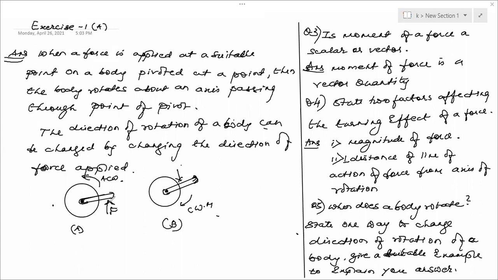When a force is applied on an axle, it brings out an anti-clockwise movement. Now when the force is applied on the same axle in the opposite direction, it will bring out clockwise movement. That means by changing the direction of the force, the body can be made to rotate anti-clockwise and clockwise.